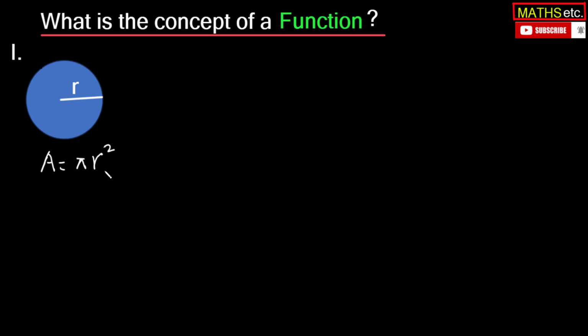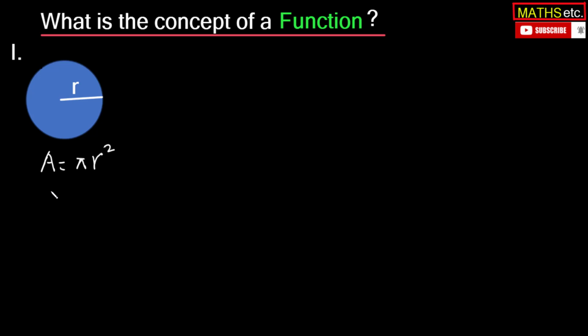Now as r can take values independently, of course the condition is that it should be greater than or equal to 0, we call r the independent variable, and A, the value of area, depends upon radius, so A is the dependent variable. So now this is showing the relation between a quantity A in terms of another quantity r.